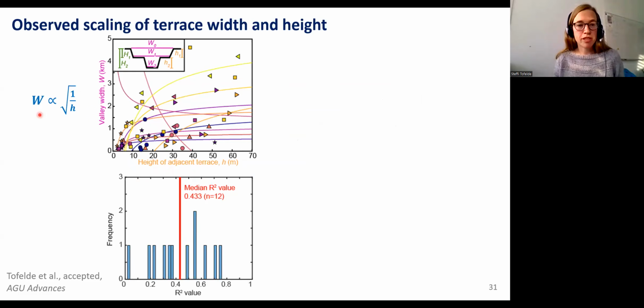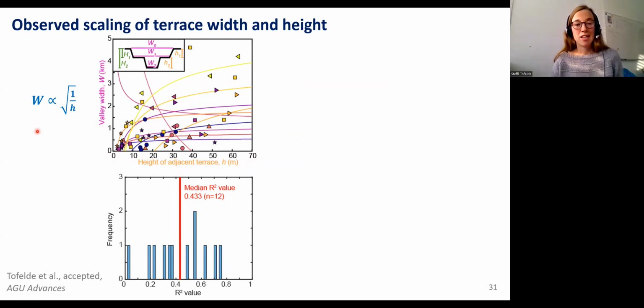So remember, we wanted to test the scaling, whether the width of the valley floor scales with the square root of 1 over the height of the wall. This is what you can see here: the width of the valley floor against the height of the equivalent terrace. The different colors represent the 12 different data sets, and the lines represent the regression based on this relationship.